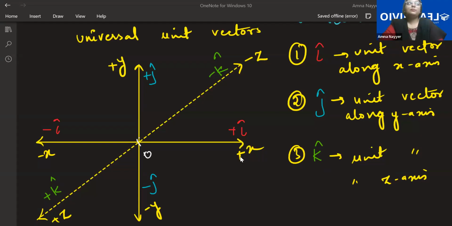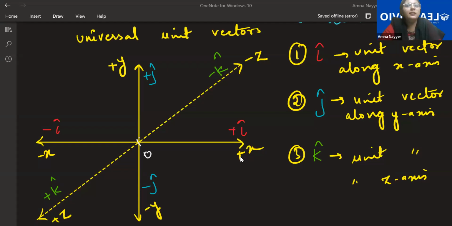Now, how do you use them? Suppose I want to tell you the force is acting along the positive x-axis. Let's say 2 Newton of force is acting along the positive x-axis. I can just say 2I cap. I don't need to write or explain all these things. I can simply say 2I cap.